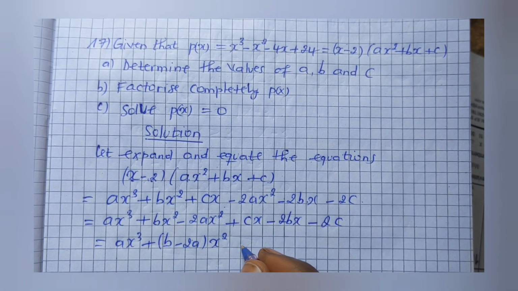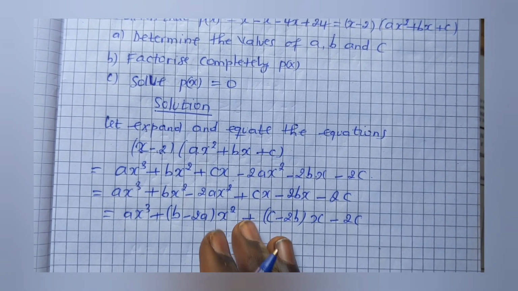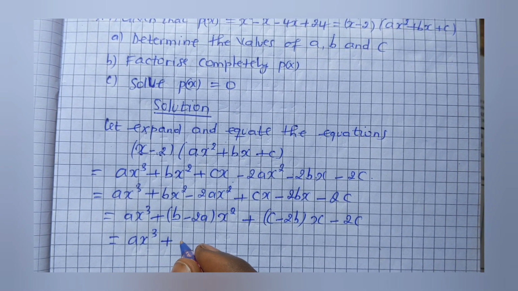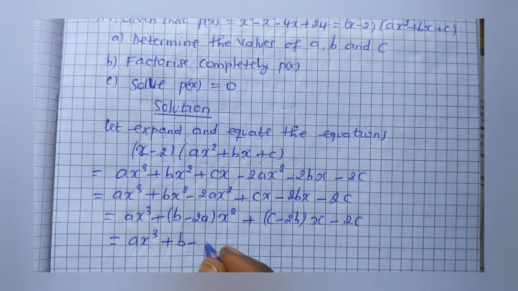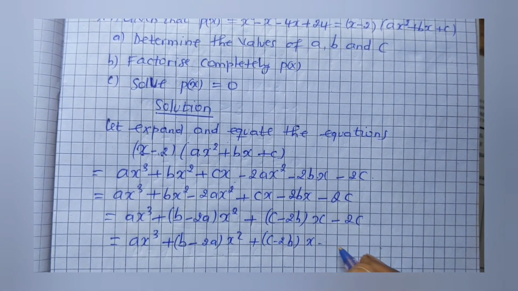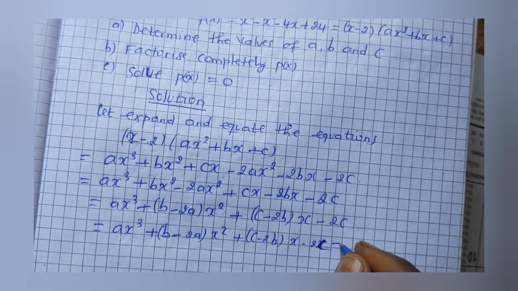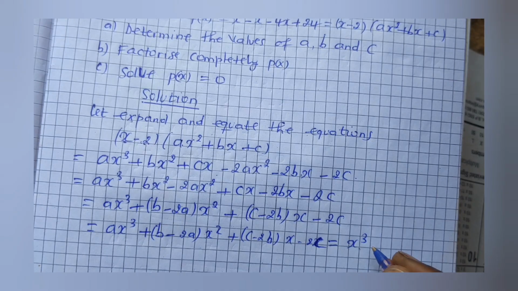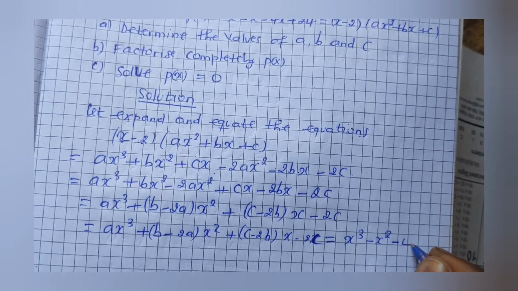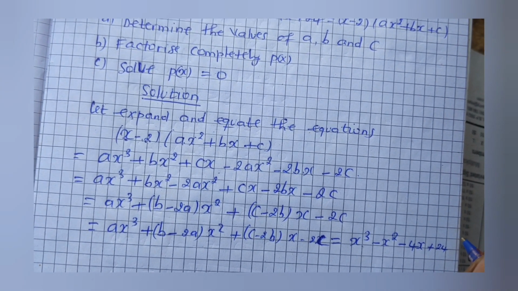But let's first factorize: ax cubed plus (b minus 2a) x squared plus (c minus 2b) x minus 2c. Now let's equate both equations, with x cubed minus x squared minus 4x plus 24.